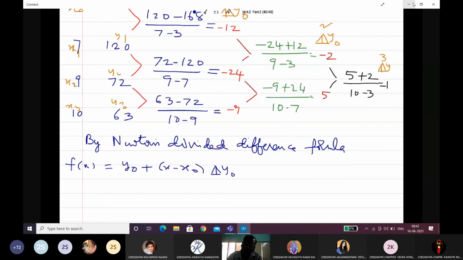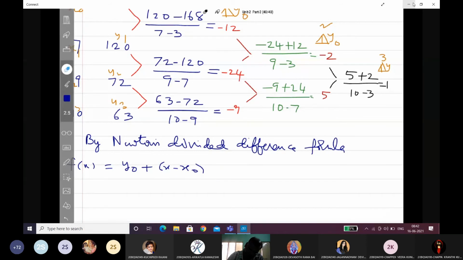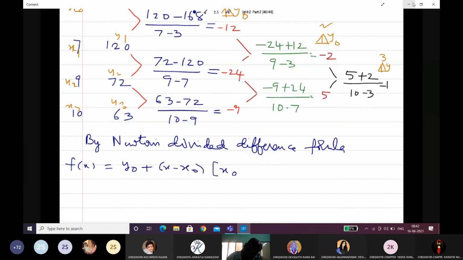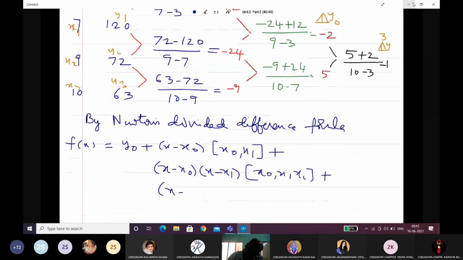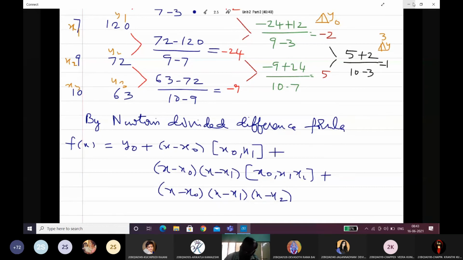Or how can we write this? With brackets. Plus (x minus x naught)(x minus x1) into delta square y naught, plus (x minus x naught)(x minus x1)(x minus x2) into delta cubed y naught. x3 will also be there, sorry.